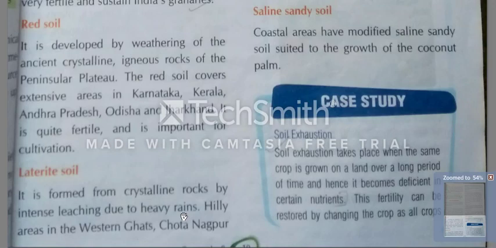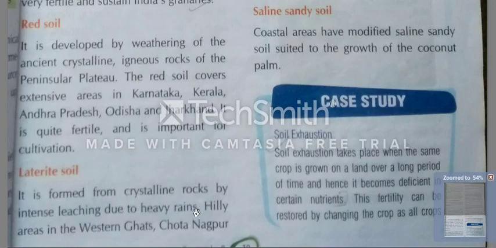Intense means tez, tivra, fast, sharp. Leaching means bahna, gholkar bahana, to flow away. So it forms from crystalline rocks by intense leaching, by sharp and heavy rains.